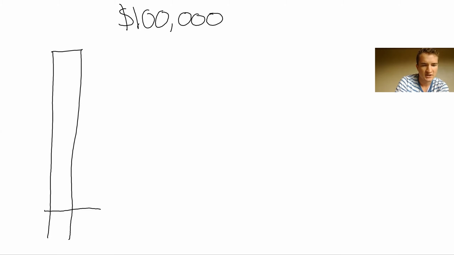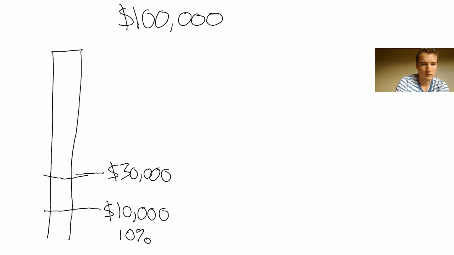So for the first $10,000 I make, I'm going to be subject to 10% tax. Anything above that, all the way to 30K, we're going to do 20%. We're going to go up to 50K, a little closer to half, at 30%.